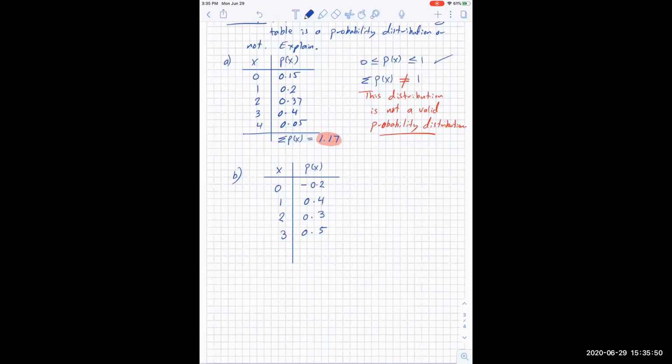Okay. Is this a valid probability distribution? Yes, Sandra, the answer is correct. The answer is no. Reason?